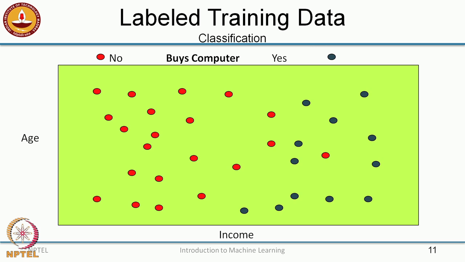So, I have this kind of labeled data that is given to me for building a classifier. Remember we talked about classification where the output is a discrete value, in this case yes or no. Yes is the person will buy a computer, no the person will not buy a computer, and the way I describe the input is through a set of attributes.